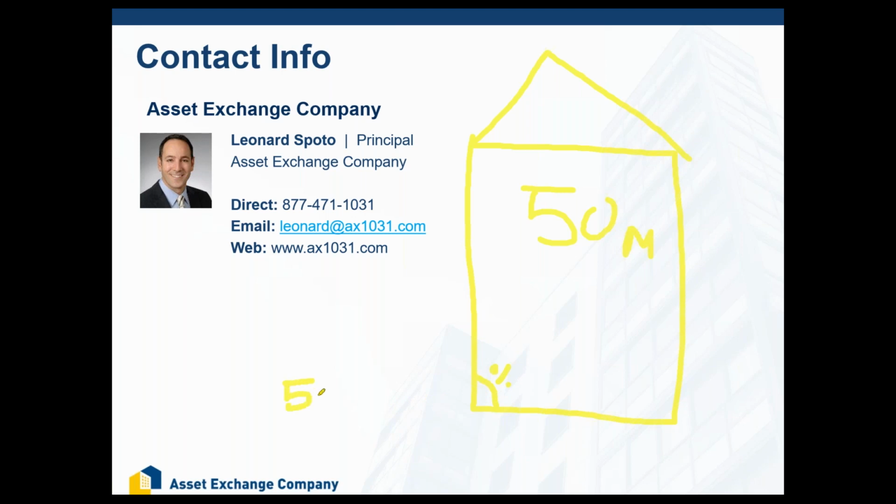So if I sell for $500,000, I can own a little slice, 1% of this building. And the way I do it is through a DST. There are companies that specialize in these, and if you're interested in DSTs, I can send you a contact that can explain all of the ins and outs much, much better than I can.